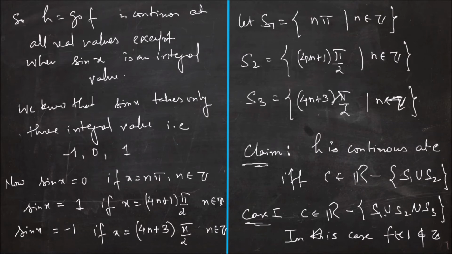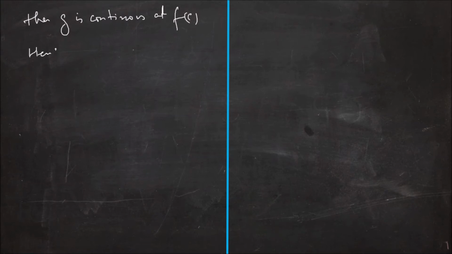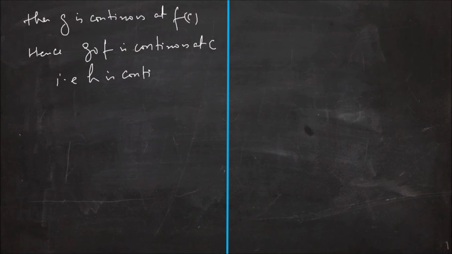So f(c) does not belong to Z, and G is continuous at f(c), hence G∘f is continuous at c, being the composition of two continuous functions. So H is continuous at c. We have shown that in case c belongs to R minus (S1 union S2 union S3), H is continuous at c.